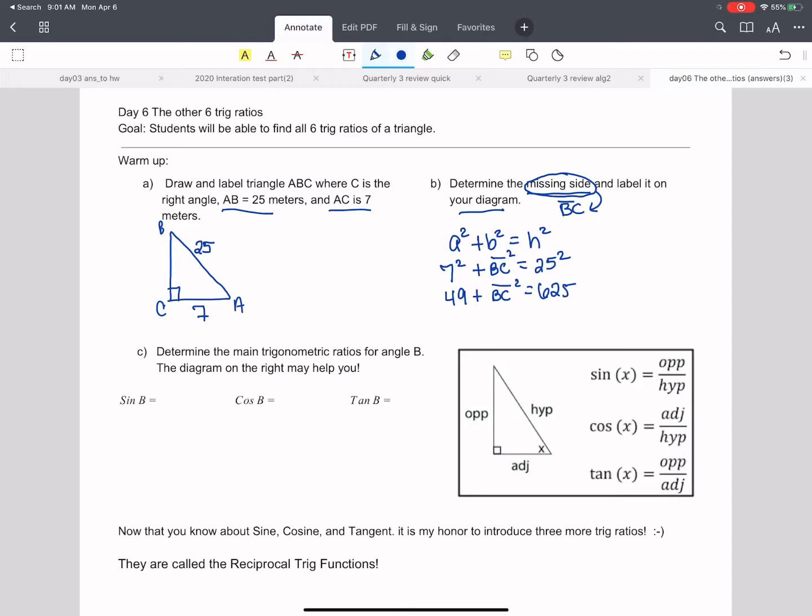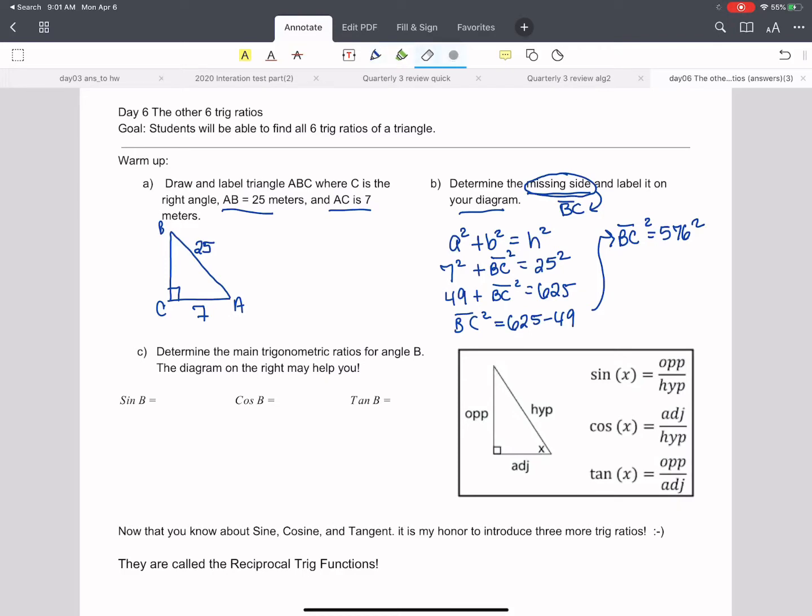So BC squared is equal to 625 minus 49, because you subtract 49 from both sides. Ultimately, BC squared is equal to 576.